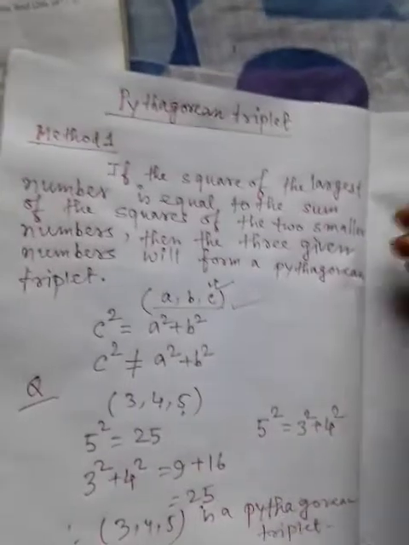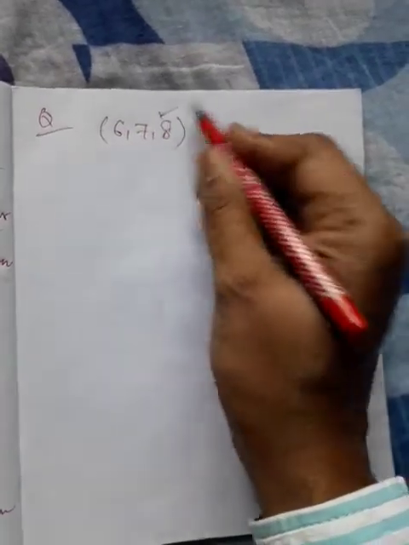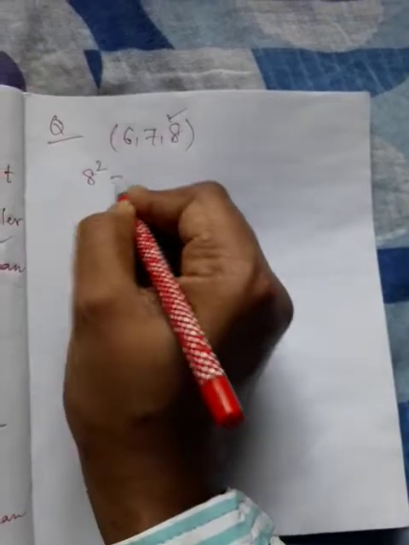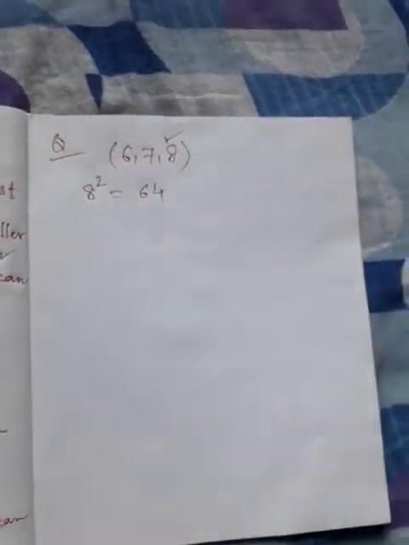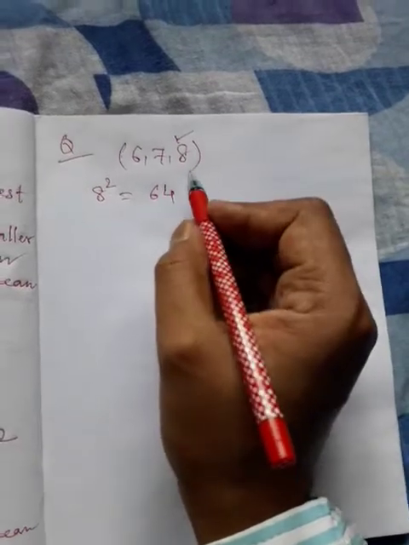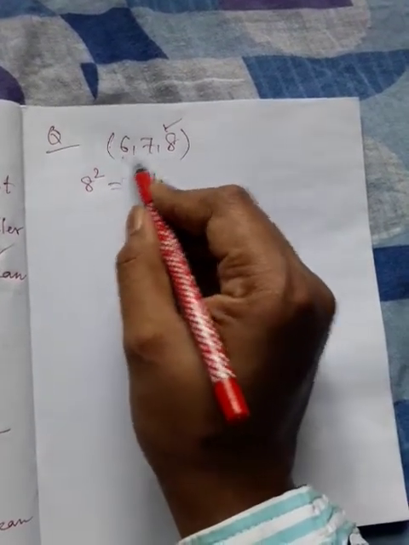Another example, we take 6, 7, and 8. Applying this same method, which one is largest? 8 is largest. So 8 square is equal to 64. And the sum of the squares of the two smaller numbers, that is 6 square plus 7 square.